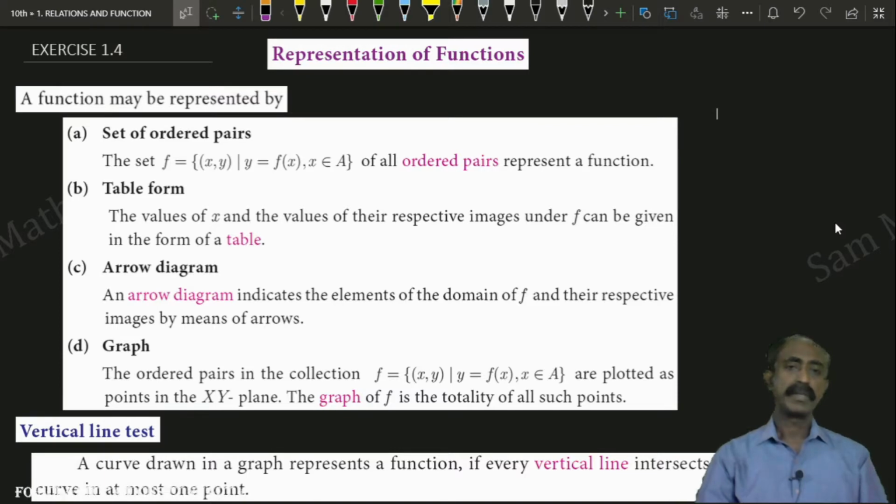Graph. The ordered pairs in the collection f is equal to the set of (x, y) such that y is equal to f of x, x belongs to A, are plotted as points in the xy plane. The graph of f is the totality of all such points.